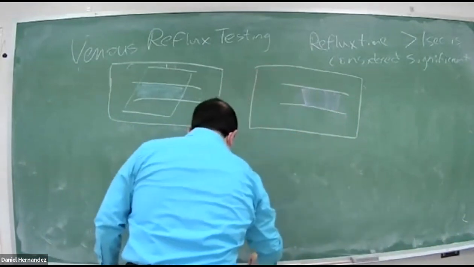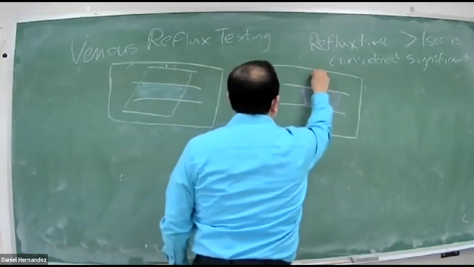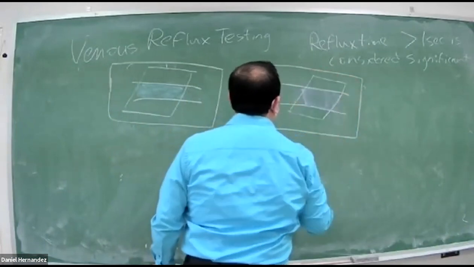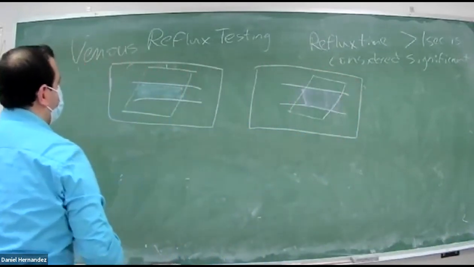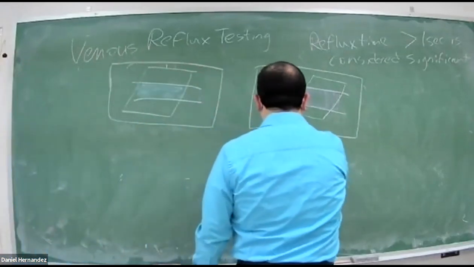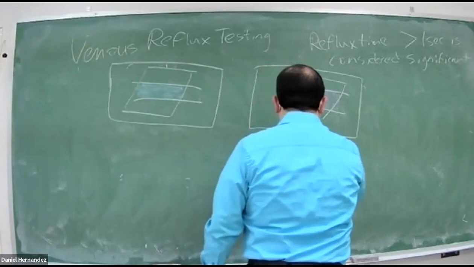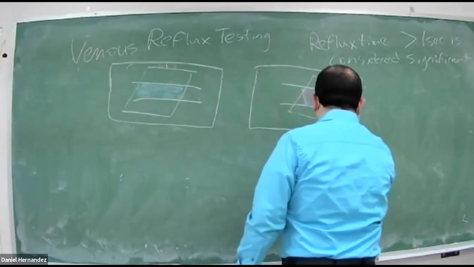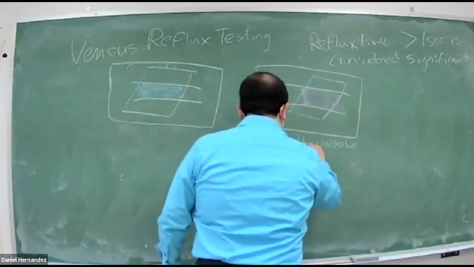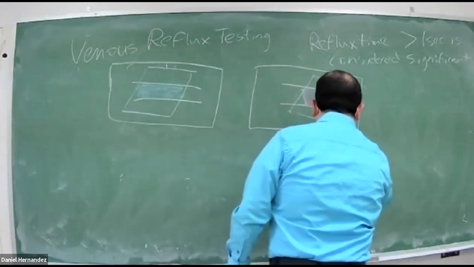It should then appear red with Valsalva or proximal compression.